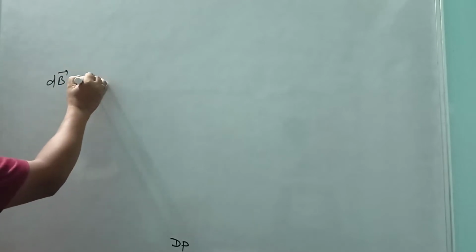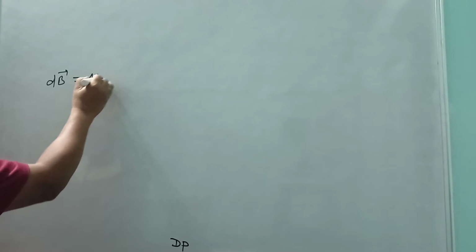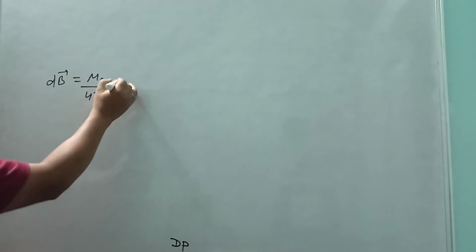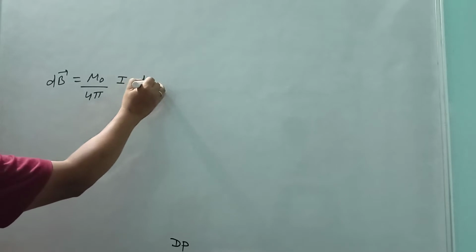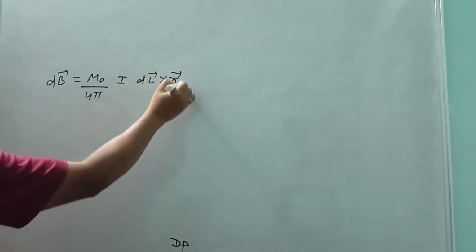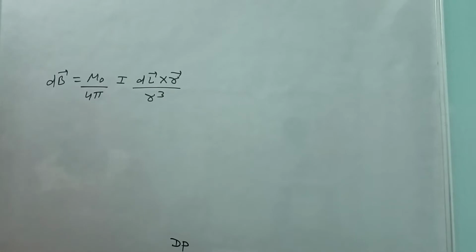Students, how to solve numericals or problems in magnetic effect of current. You know, in Biot-Savart law, your formula is dB is equal to some constant, that is mu naught by 4 pi, I dl cross r by r cube.